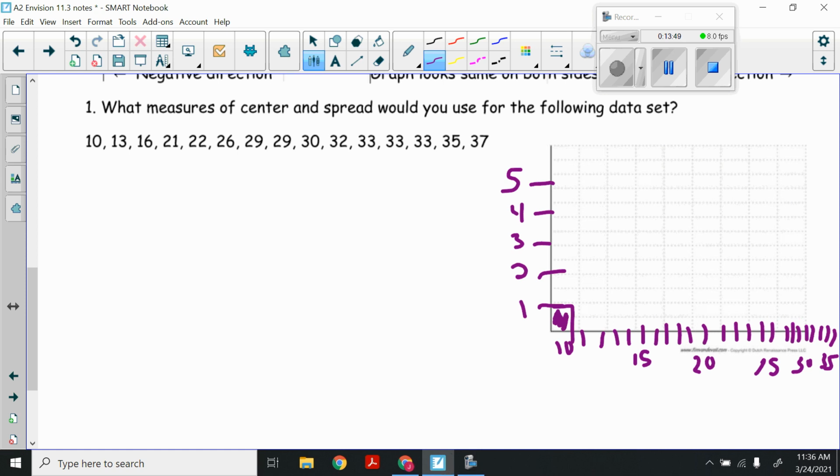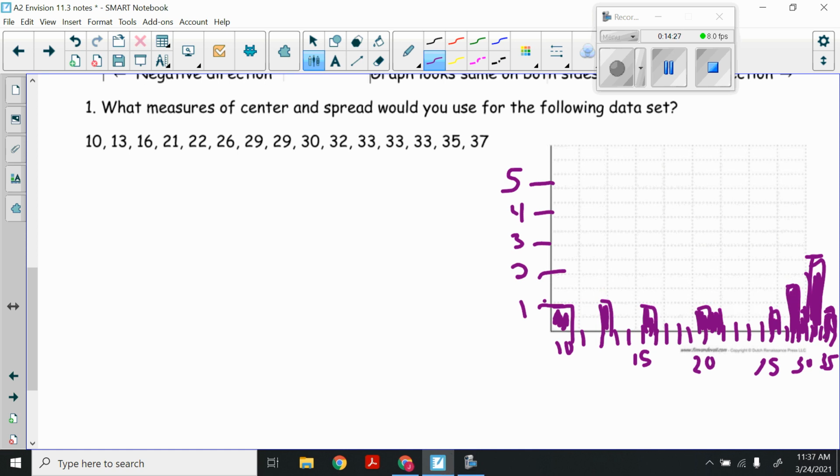So there's my 10. 13, okay, so here appears once. 16 appears once. 21, 22, once. 26, once. 29 I have twice. 30 I have once. 33 I have 3 of those. 35 once, and then my 37 is also going to be there.